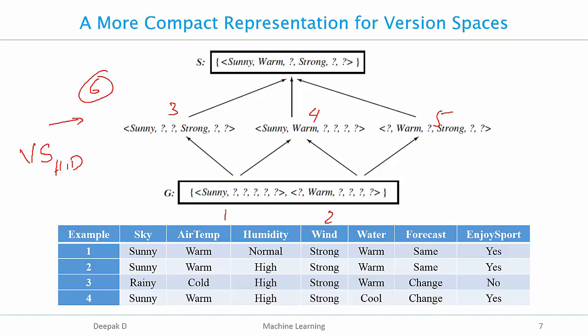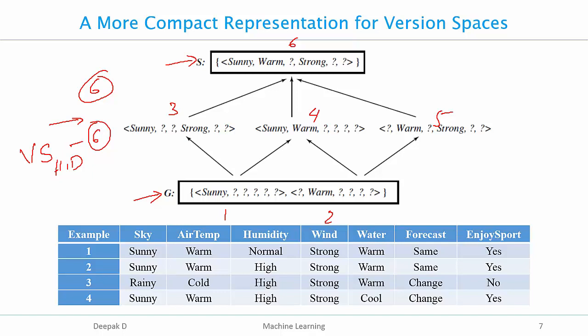This version space shows you the two boundaries. One is the general boundary and the other is your specific boundary.